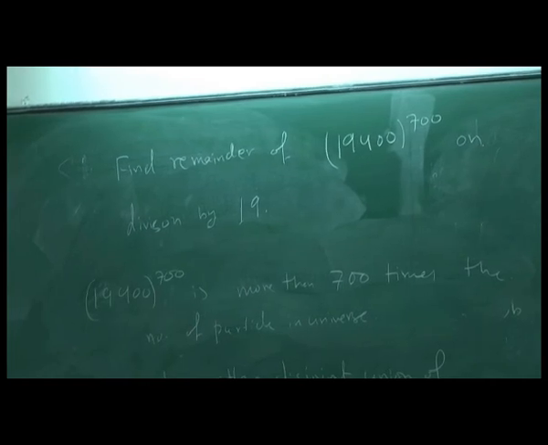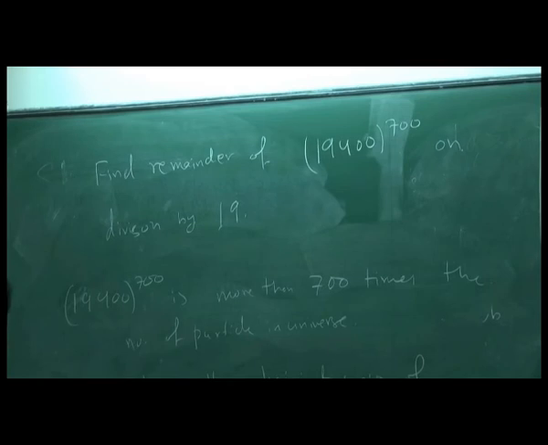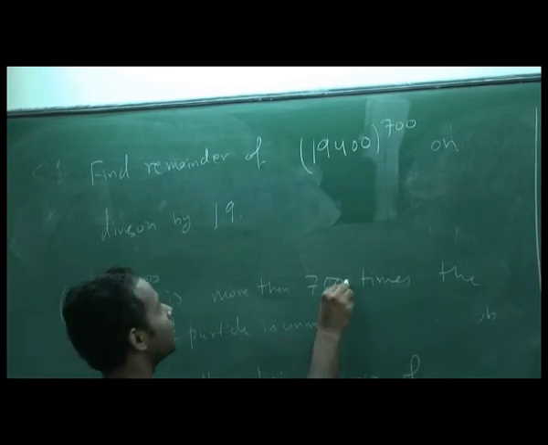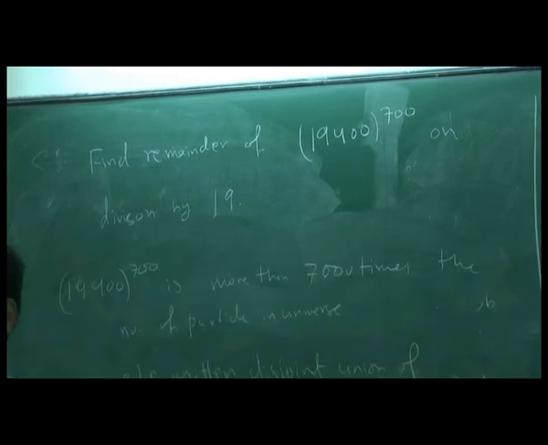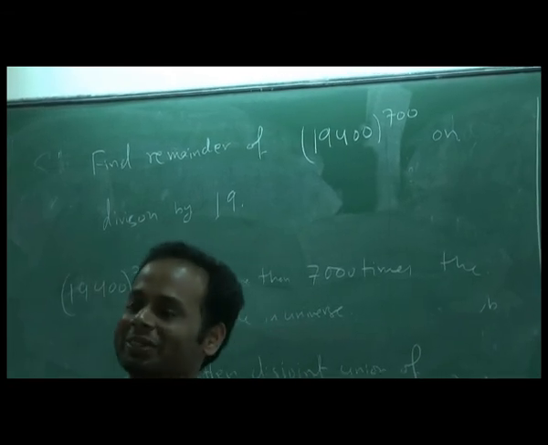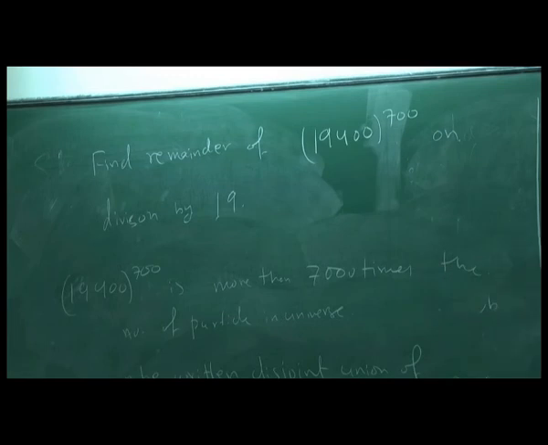And you're calculating a number that you can't even practically write. The upper bound on the number of atoms is 10 power 100, and this is a much bigger number, and for that bigger number you're finding the residue.